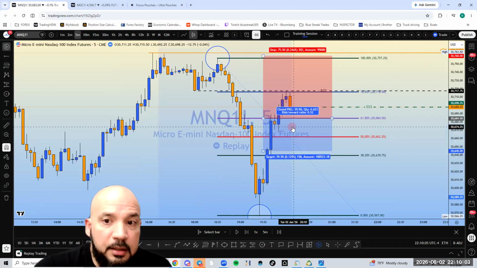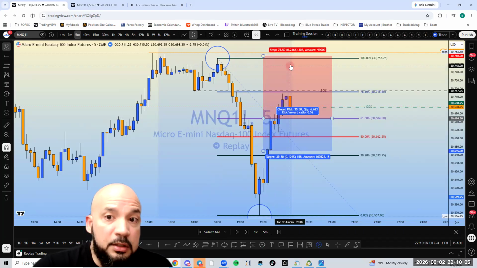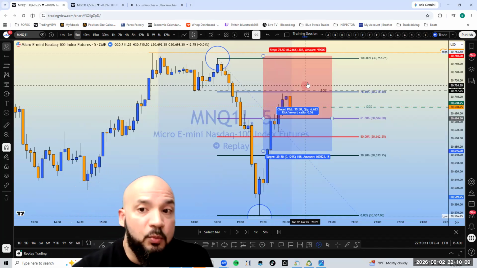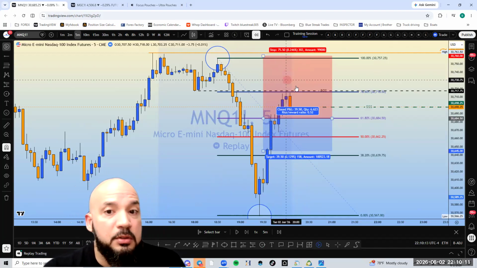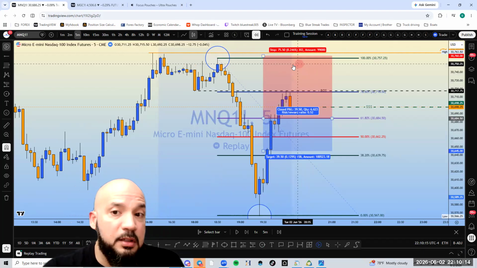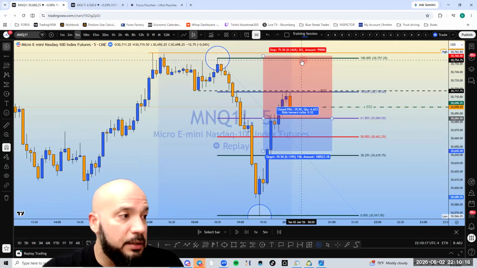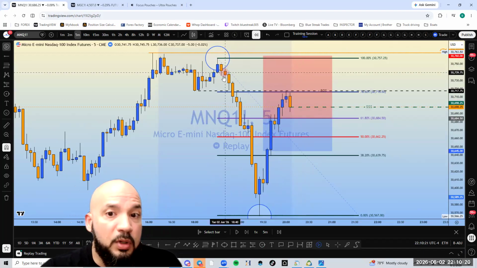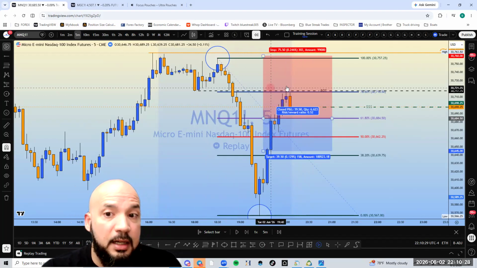You can either use the stop loss that I set, or you could decide where you want to place your stop loss within the stop loss area. The stop loss area means whatever this market structure is here. Anywhere within this market structure, if you enter like this, you have to decide where you're going to place your stop loss.